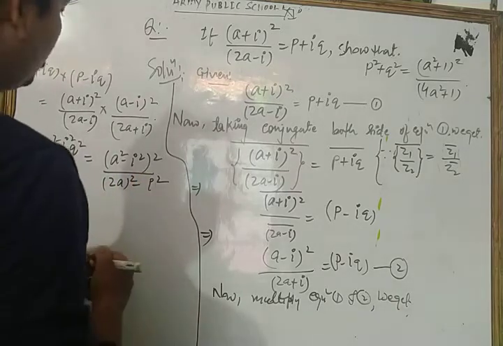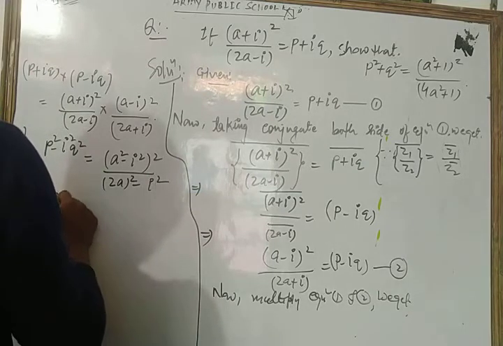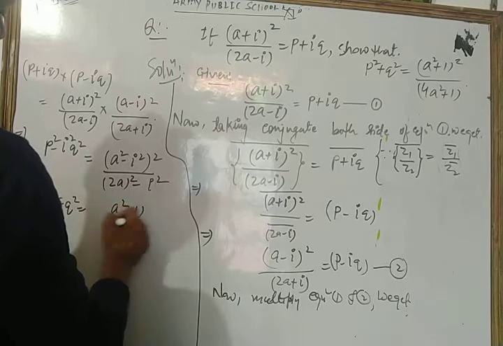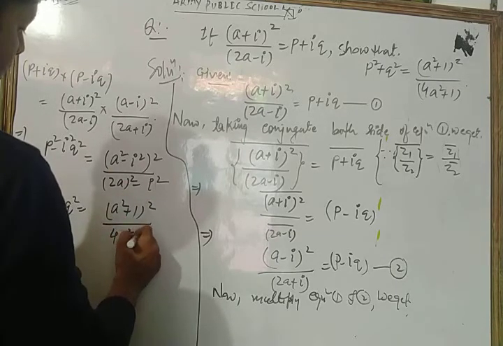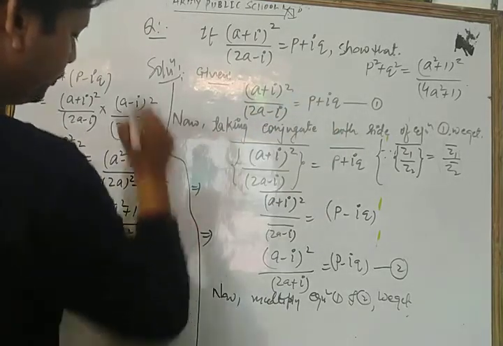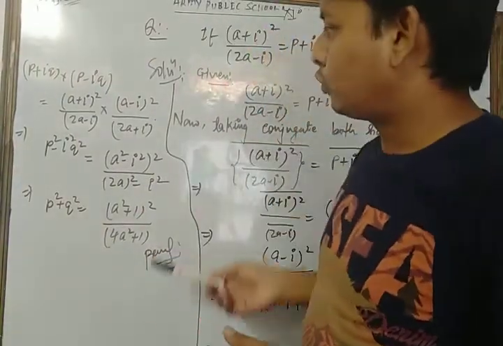We know that the value of i² is −1, so putting that in, we get p² + q² = (a² + 1)² / (4a² + 1). Hence this is our result, and we proved it. So, dear students, we can prove this type of question in this way.